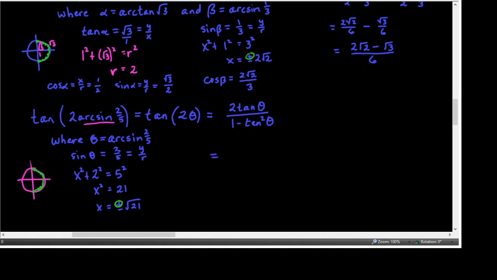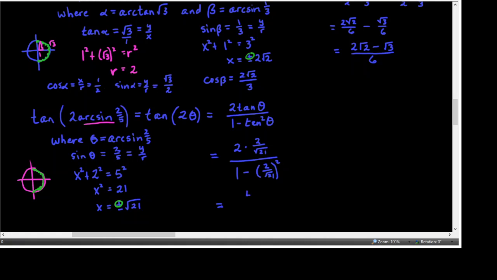So, since tangent of theta is y over x, that means this is going to be 2 over square root of 21 divided by 1 minus, and tangent is the same thing, 2 over square root of 21. But we're going to square that.